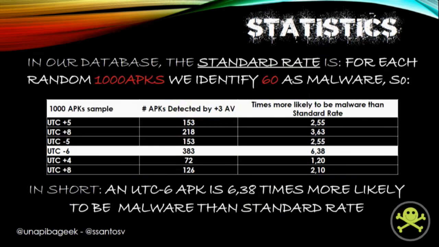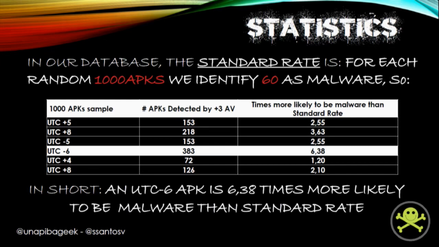And what is it useful for? What we did as well is check our database. We had 10 million of them, and we had got several sets of 1,000 applications. And we have a rate of 6% of malware in there. And we took a set of 1,000 APK samples with these leakages or disclosures and compared them.